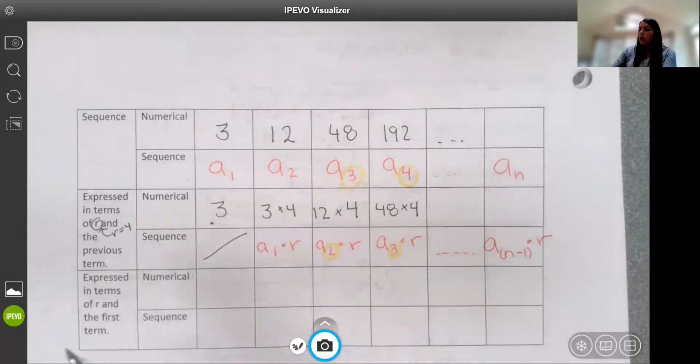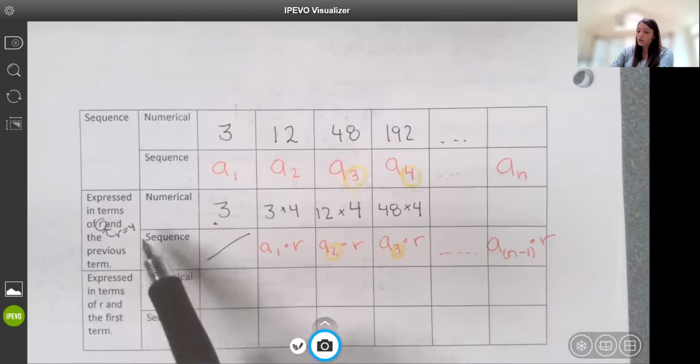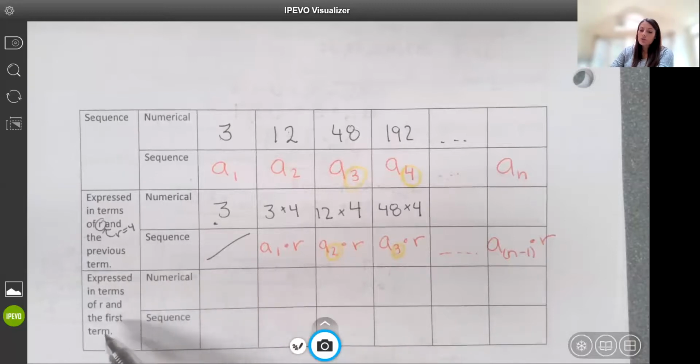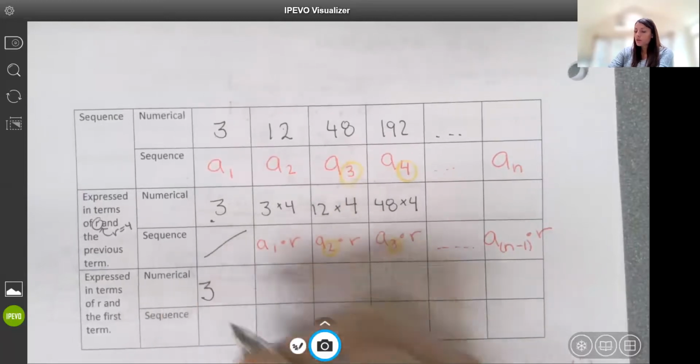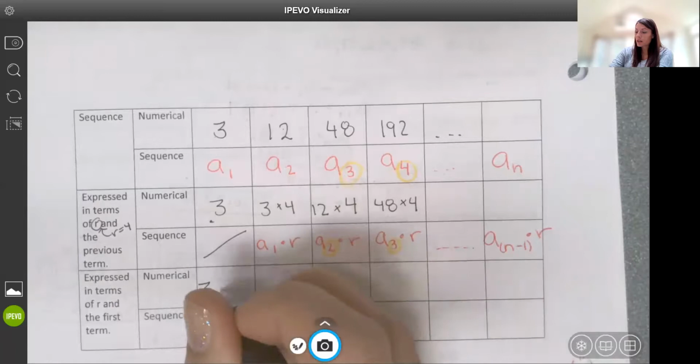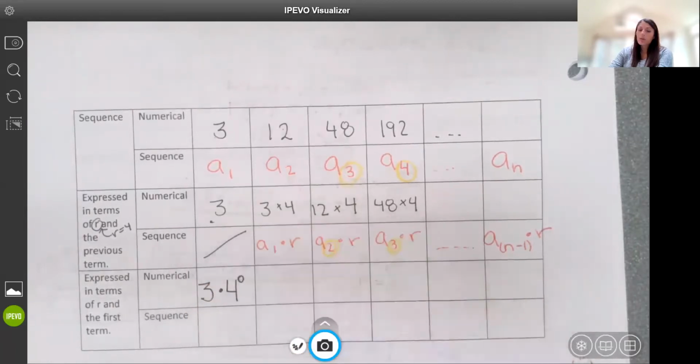So now we're going to express it in terms of the ratio again, which is 4, and just using the first term. Okay, so my first one is 3. So if I were to take 3 and multiply it by my ratio, we have 4 to the 0, or just 3 times 1.